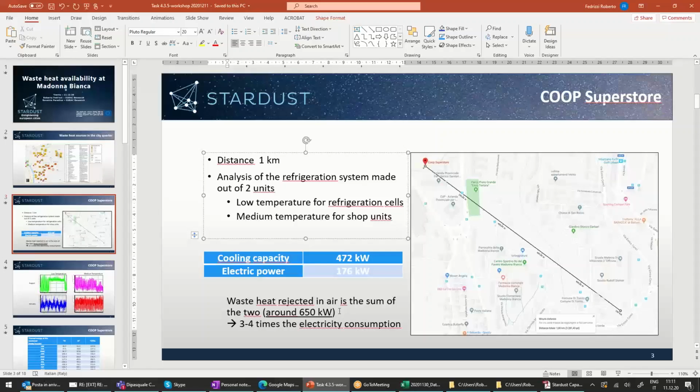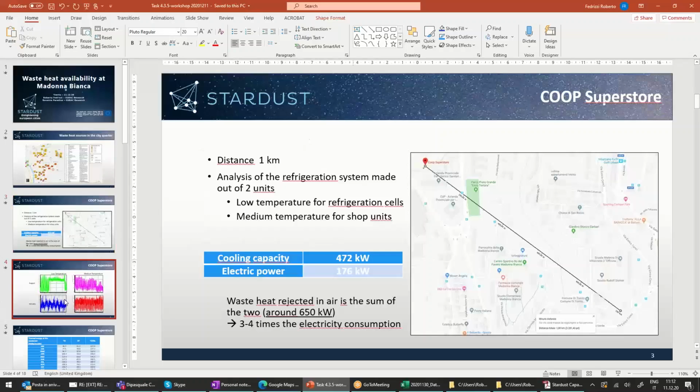So for those who are not really technical experts, the ratio between electricity consumption and waste heat in the air is in the range of 3–4 times. Please remember these numbers because we will see that many times in the presentation.